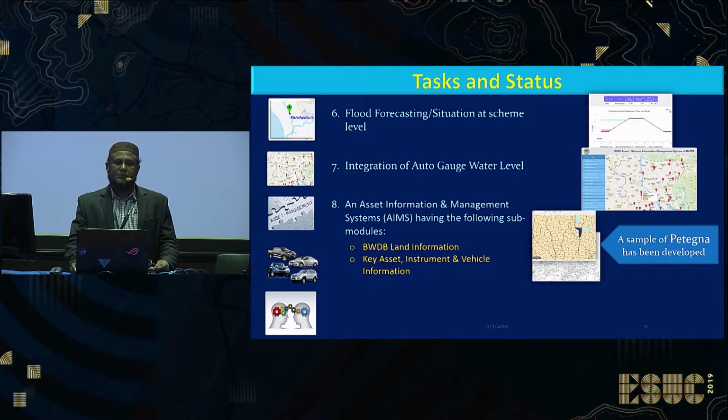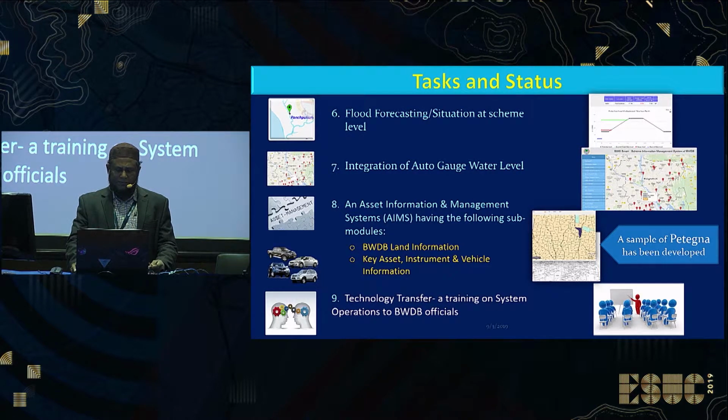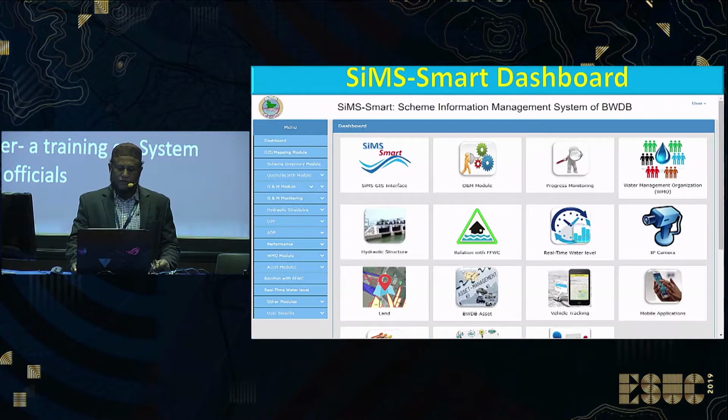And then integration of auto gauge water level. This is specifically useful when there is cyclone forecasting or flood forecasting. So every 15 seconds, those are visible on the screen. And there is an asset management system, which is one component of ArcGIS that we have utilized here.